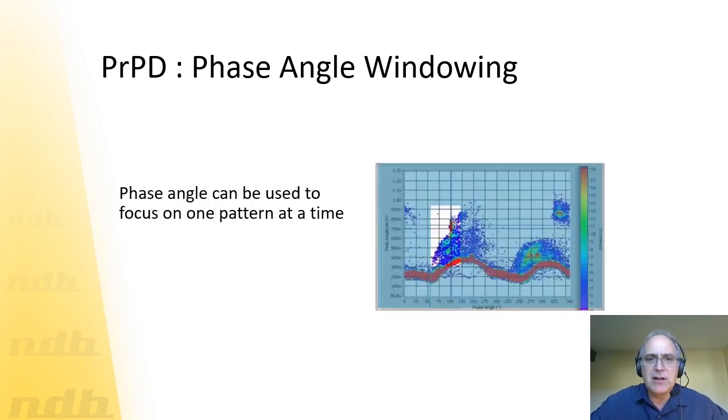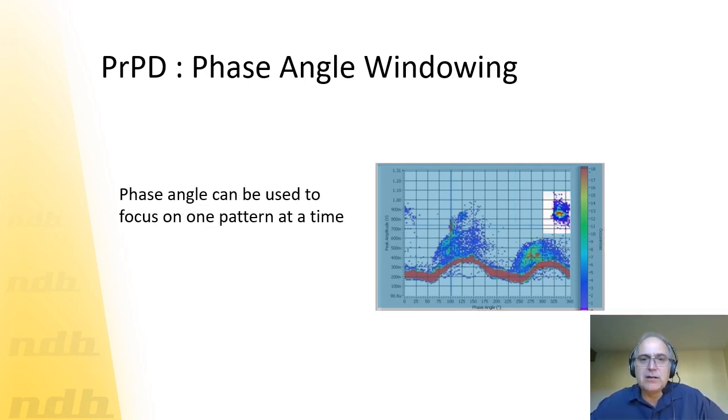So like in this example, this could be generated by one PD location. This one can also be another one, and this one can also be a third one. So we will need to focus on each of them separately.